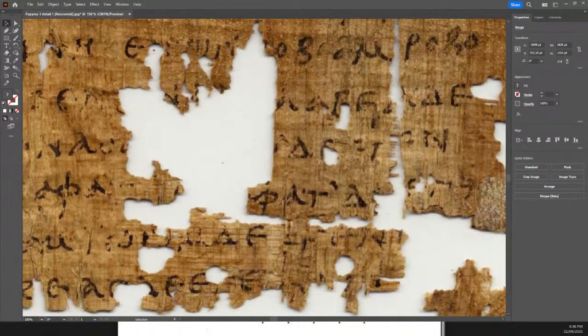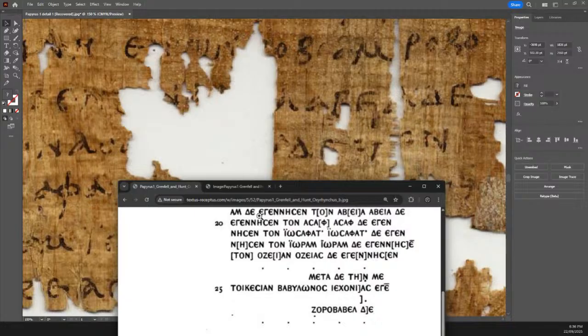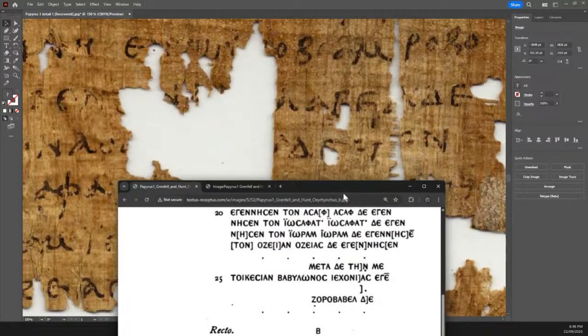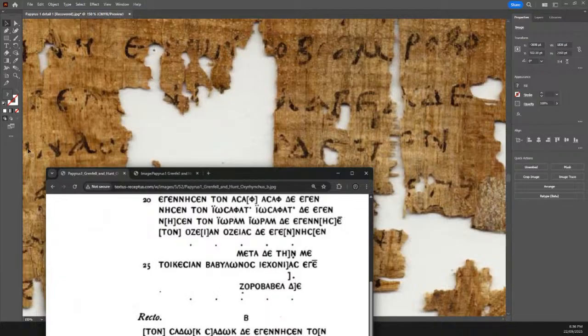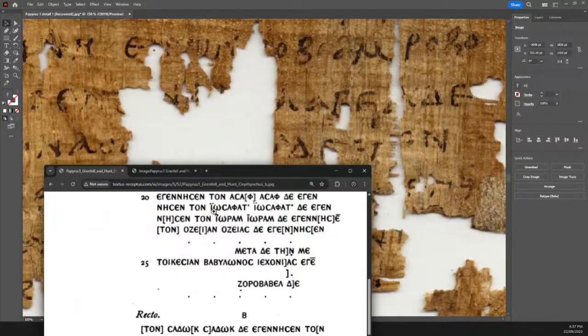and I think it's Asaph. Egenesen, ton, and that's definitely the alpha, the sigma, and then you can see that little bit there is the same as the other alphas there.